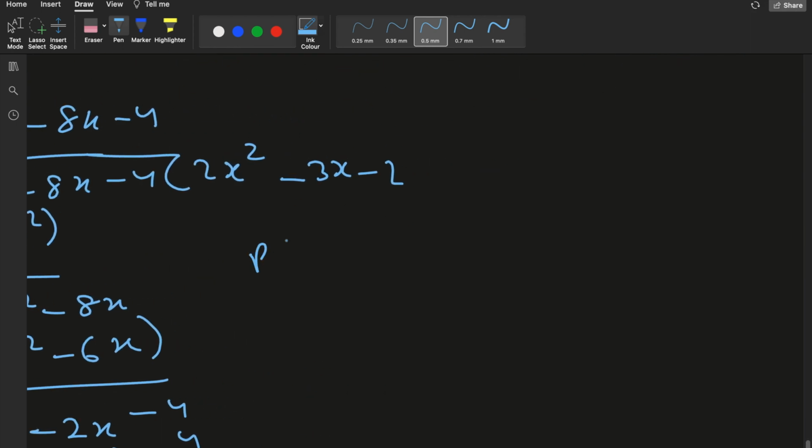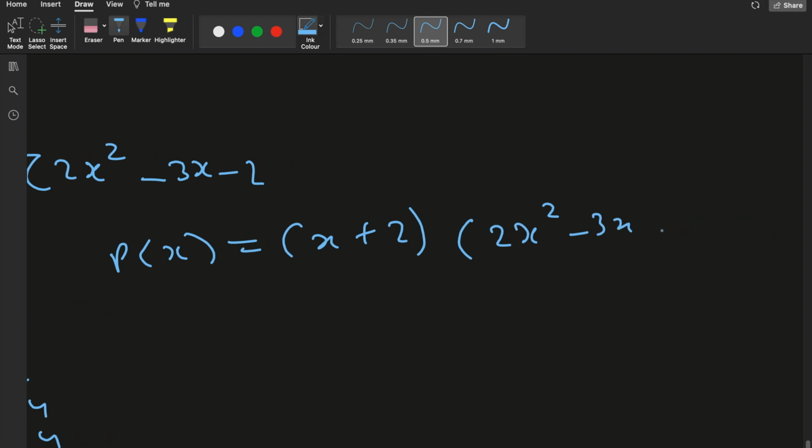So therefore p of x equals x plus 2 into 2x squared minus 3x minus 2. We can split the middle term and write this.